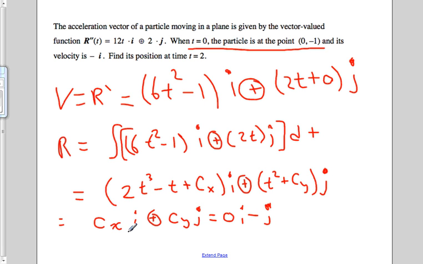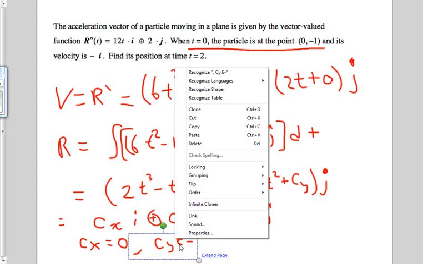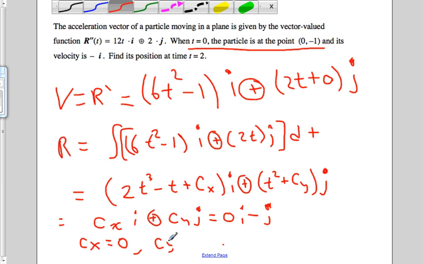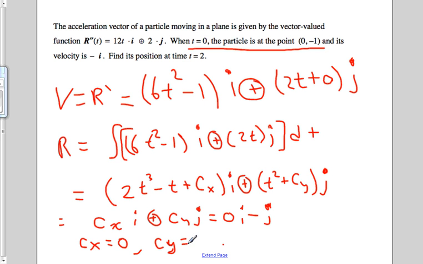So similar to the last one, since we have cxi equals 0i, we know that cx must equal 0, and cyj equals negative j. So we get cy must equal negative 1. So now that we know my constants, the rest is pretty straightforward.